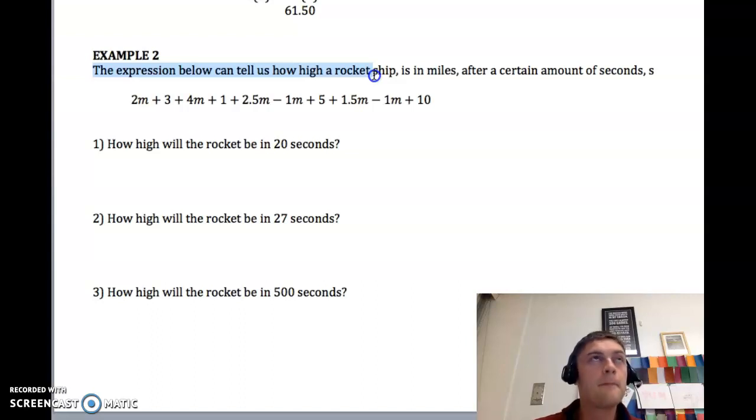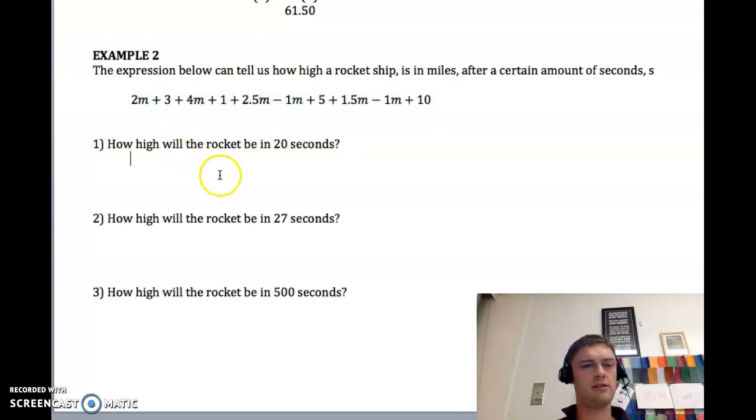I'm picturing it. How high is the rocket after a certain amount of seconds? After 1 second, it's probably still pretty close to the Earth. But after 100 seconds, 1 minute 40 seconds for those of you doing the math, it's probably much higher. Well, how high? That's what this expression is going to do for us.